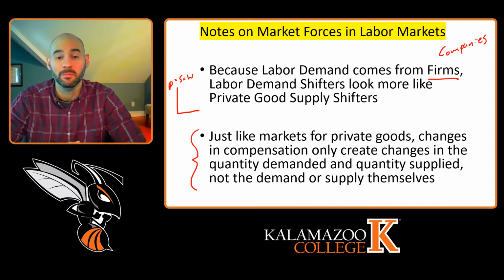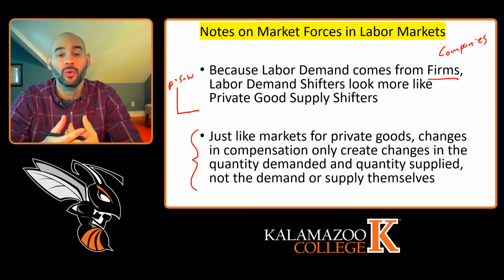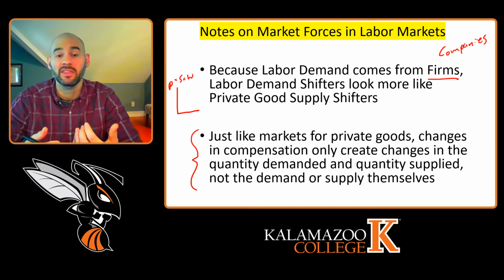It's not going to impact the whole demand or supply curve. And so in this case, when there's a change in compensation, that is going to change the quantity of labor demanded and the quantity of labor supplied, but it's not going to shift the whole supply and demand curve. And we'll go through some practice problems over the course of the next week, which will make this more clear.